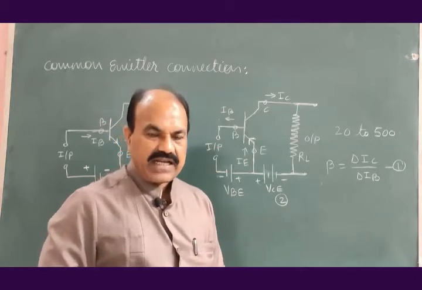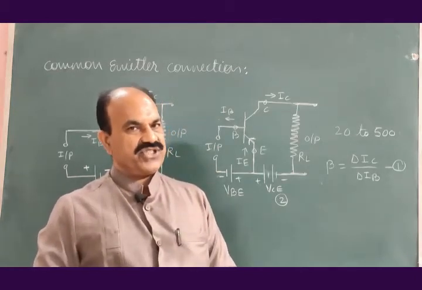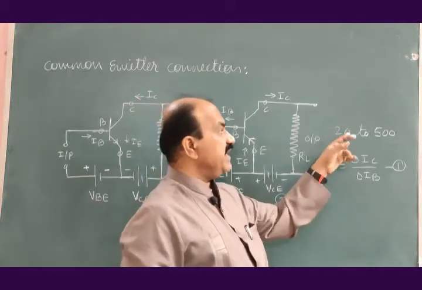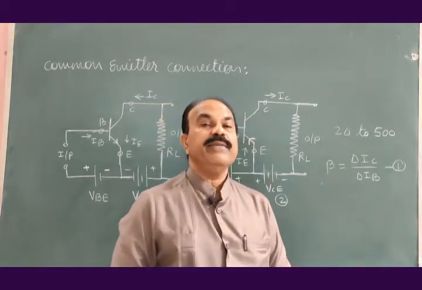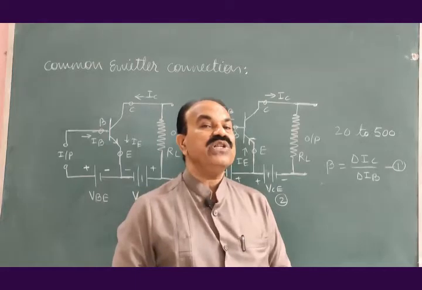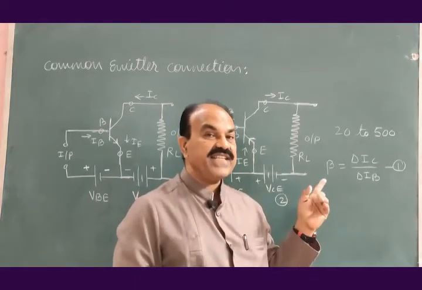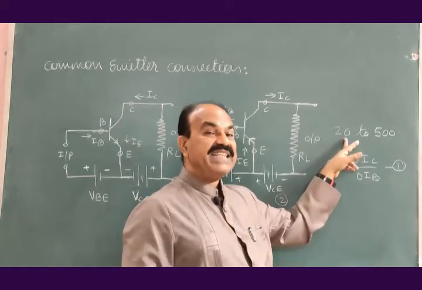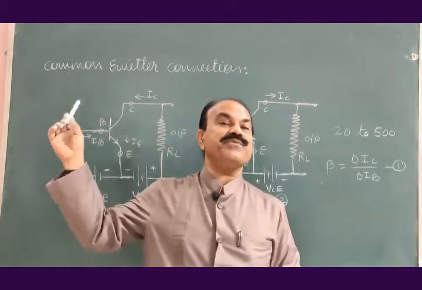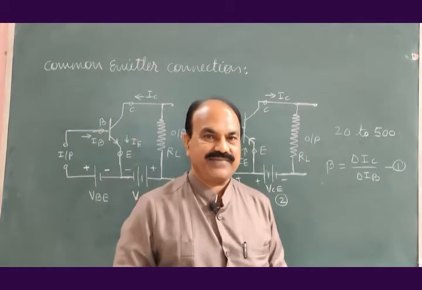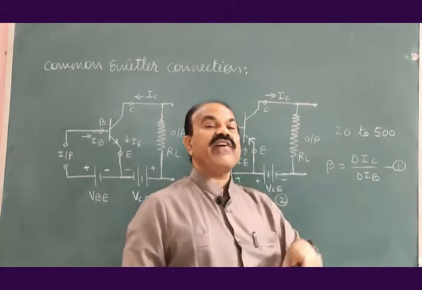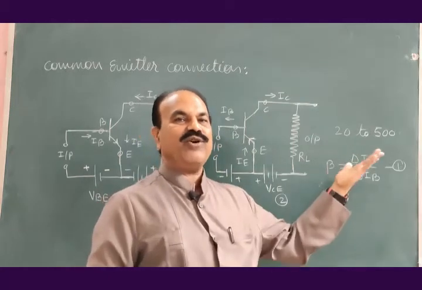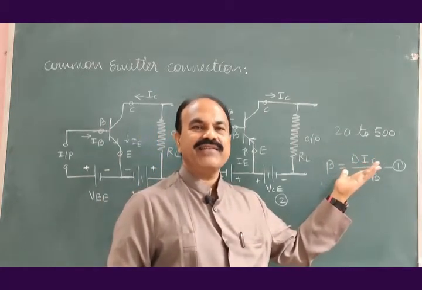Beta, current gain of a bipolar junction transistor in common emitter connection, is lying between 20 to 500, meaning that the output current, in this case collector current, is at the least 20 times more than the base current, at the most 500 times more than the base current. That is the meaning of the current gain.